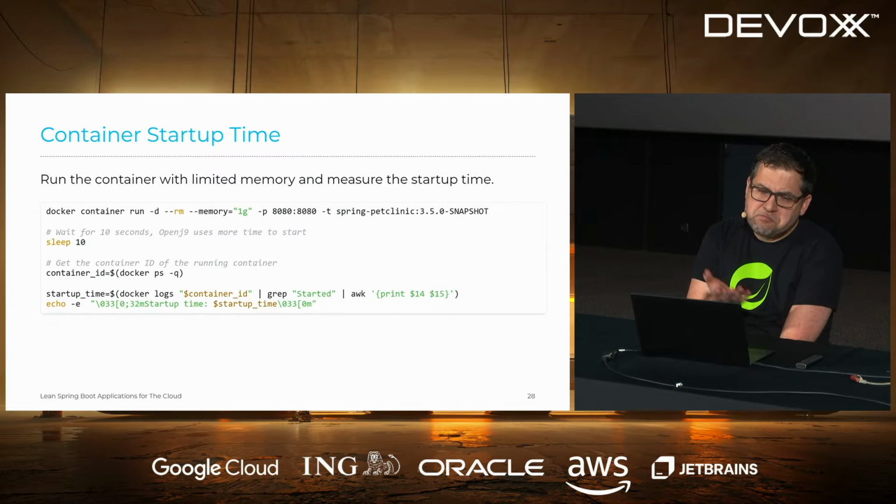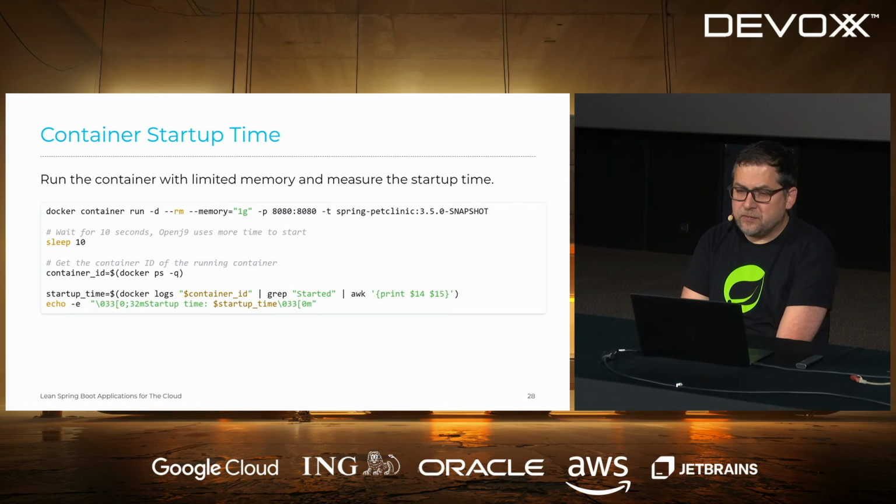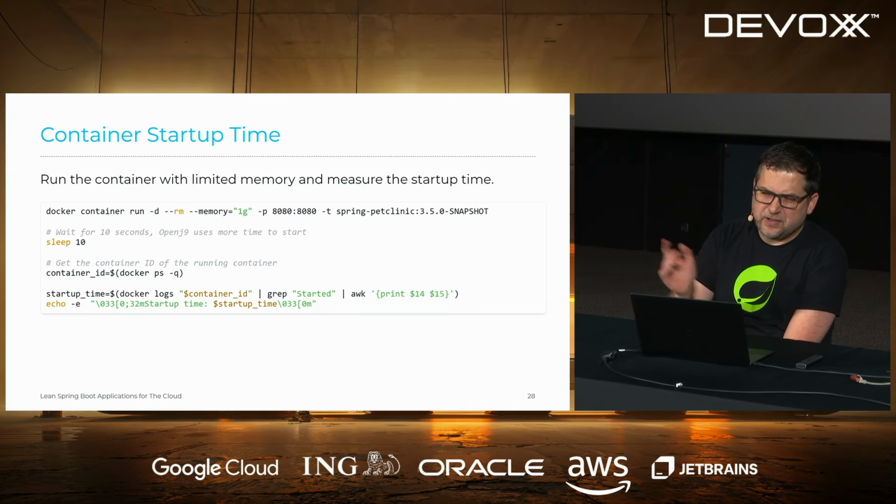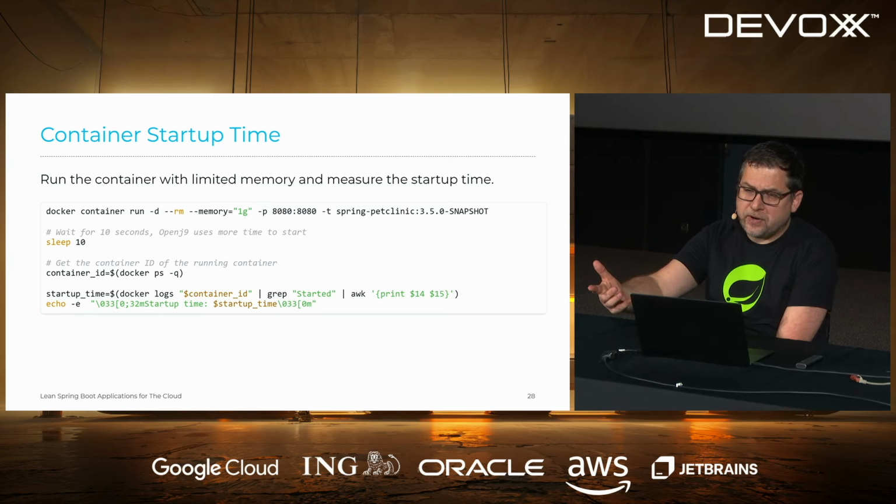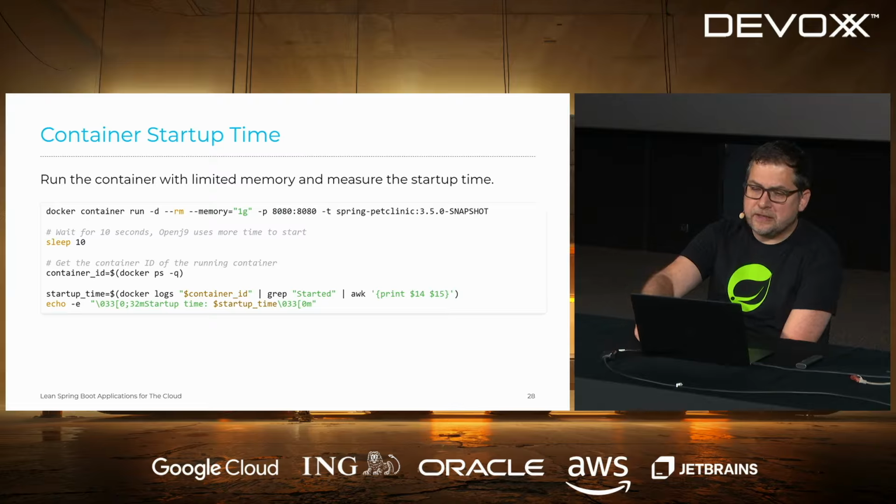You can wait maybe 10 seconds, or poll Docker logs until the line pops up saying the application started, and it gives you the timing, which you can parse and convert. That's the measuring part. If you have a long running process, how do you know the application has started? The application needs to tell me, and that's basically in the logs.